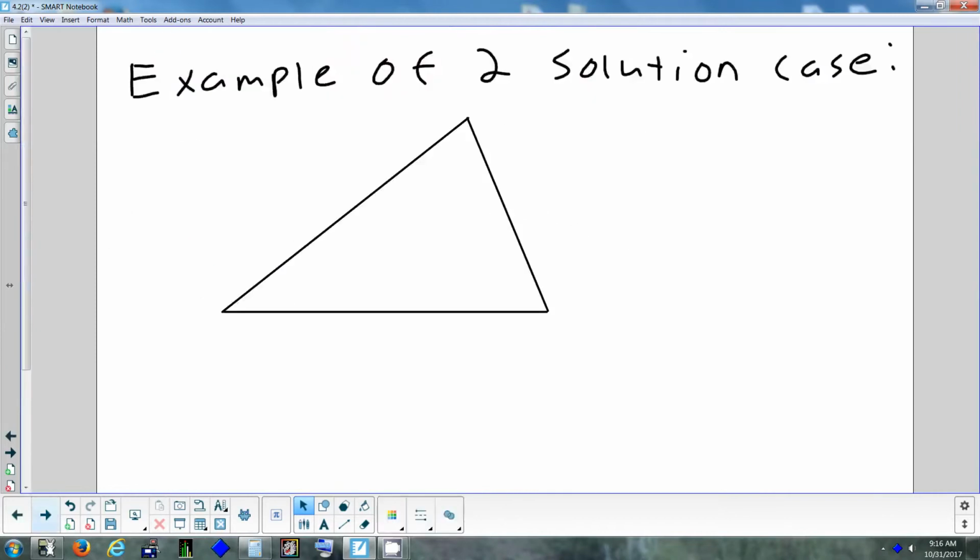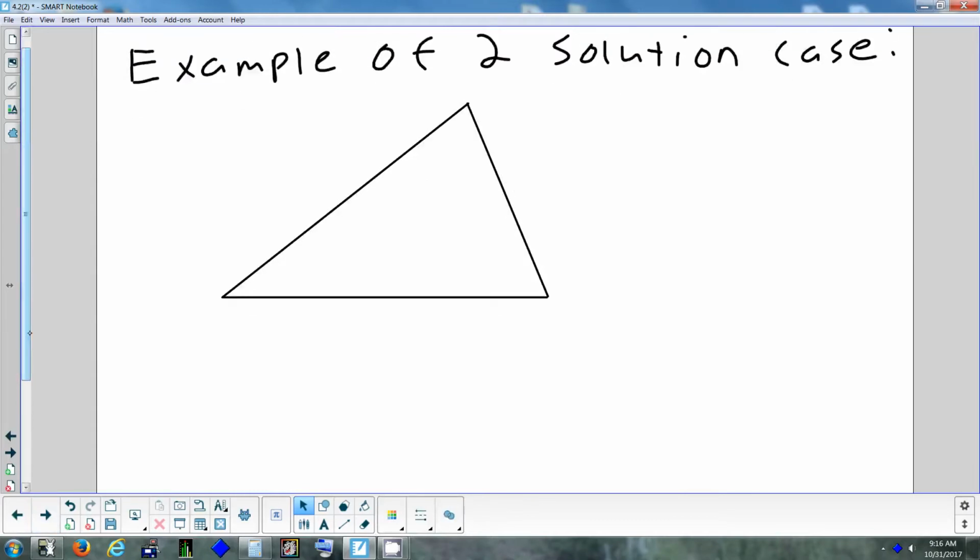So we're going to look at how that can happen visually. Okay? So I'm going to show you how I can take this triangle. I'm going to copy 2 of the sides and 1 of the angles and make a totally different triangle. Okay? But I'll keep 2 sides and 1 angle the same. All right. First thing I'm going to do is just take that side and copy it. Okay. So does everyone agree that that side and that side are the same?